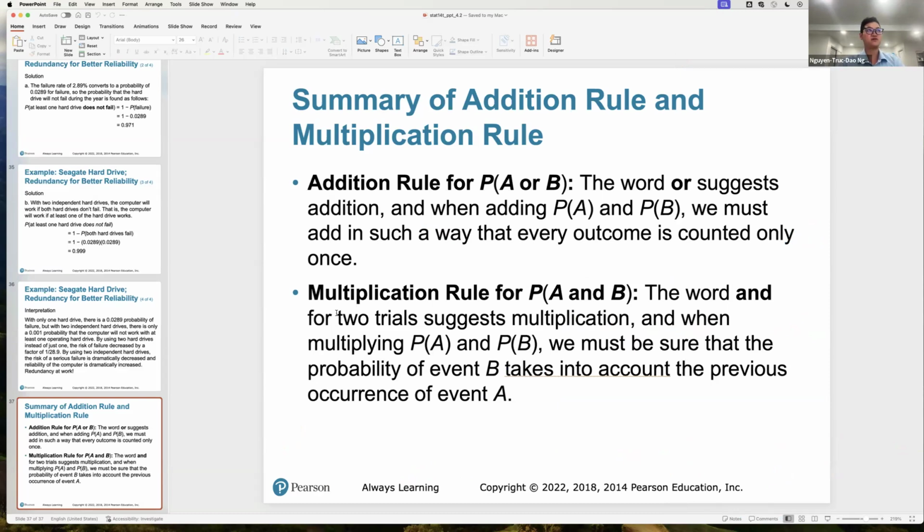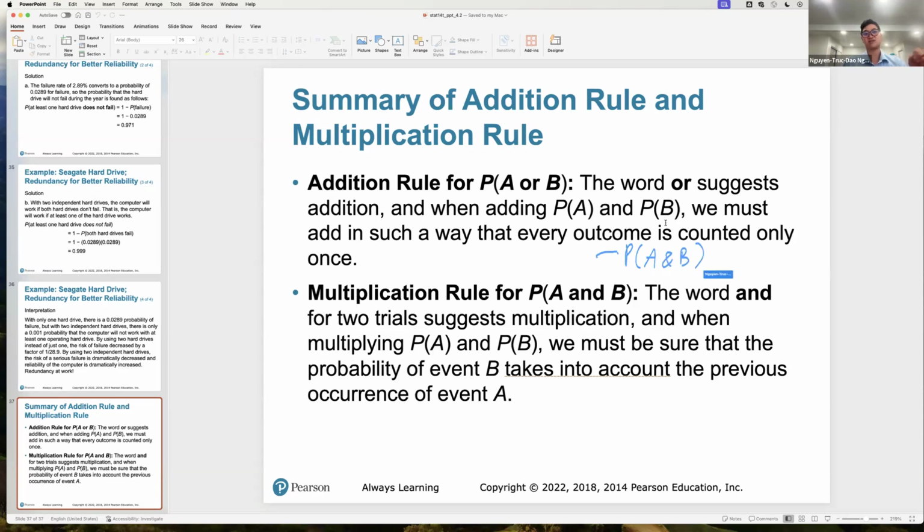I'm going to share both videos in the lecture section on our website, and then you can see that again. Please remember, if you do the addition rule, the word or suggests addition, and when you add P of A and P of B, we must add in such a way that every outcome is counted only once by subtracting P of A and B, right?